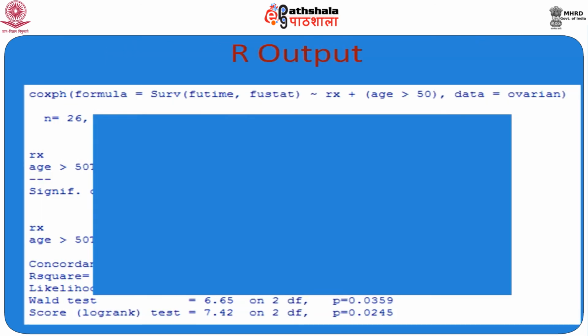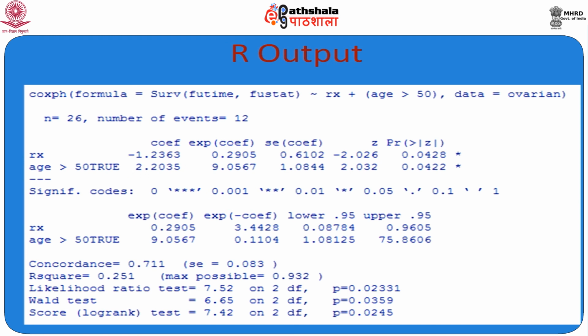This is the result. Here we are getting the regression coefficient estimates for patients aged 50 years plus. It comes with a 2.2035 regression coefficient for those having age more than 50 years, with an odds value of 9.0567 and a p value of 0.0422.